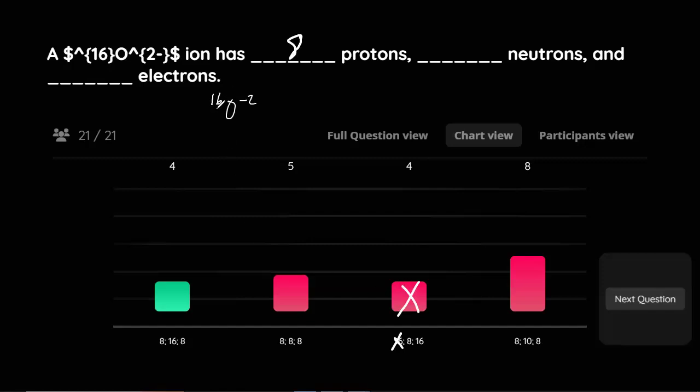With a mass number of 16, we know that we're going to have 8 neutrons as well. So that actually eliminates the other 2 options. And with a charge of -2, and -2 is protons minus electrons, we should have 10 electrons. So the correct answer here is none of them.